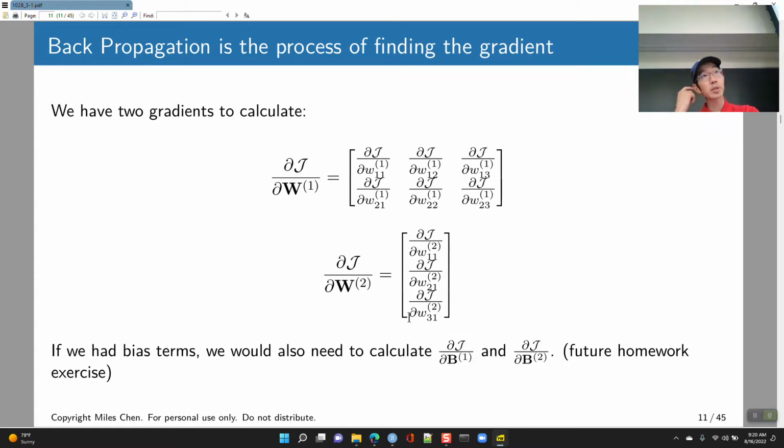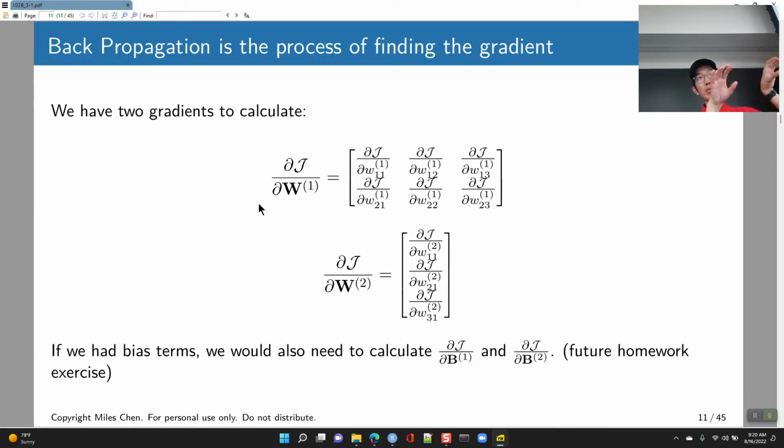This is important because the way gradient descent works is it says take the current value of your matrix, say W1, and then add a negative constant times your gradient. If the gradient isn't the same dimensions as the original matrix, you can't add those two together, because to add two matrices they have to be the same dimensions.